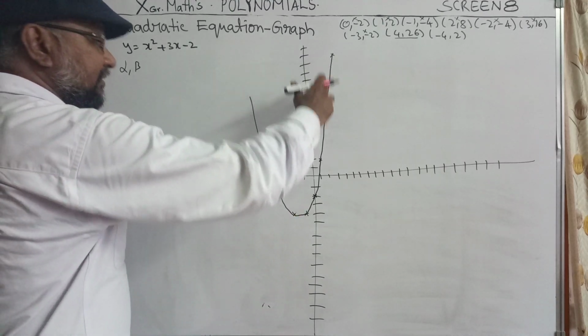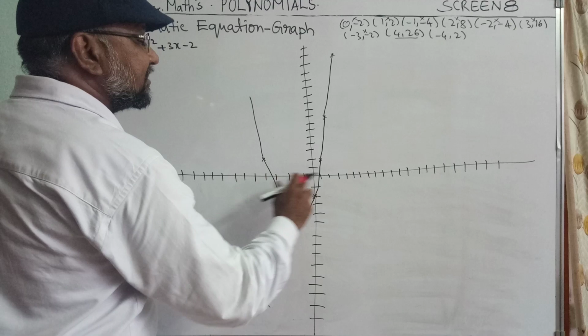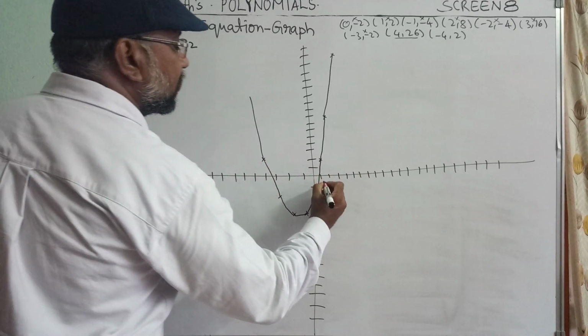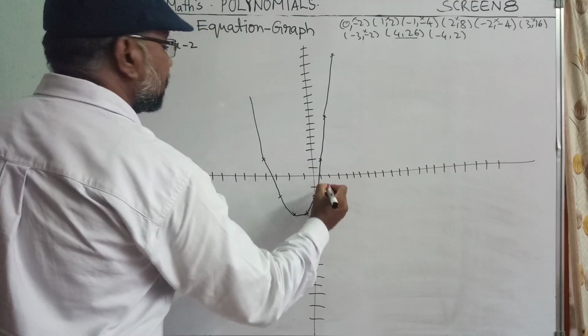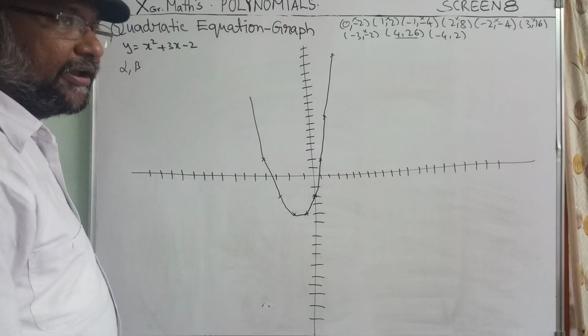So this U-shaped curve will touch the x-axis at two places, the two roots, that is called alpha and beta.